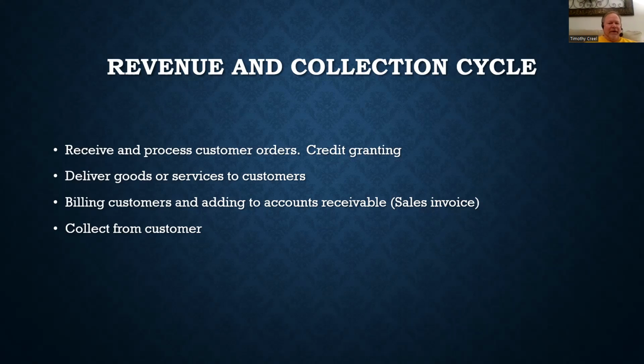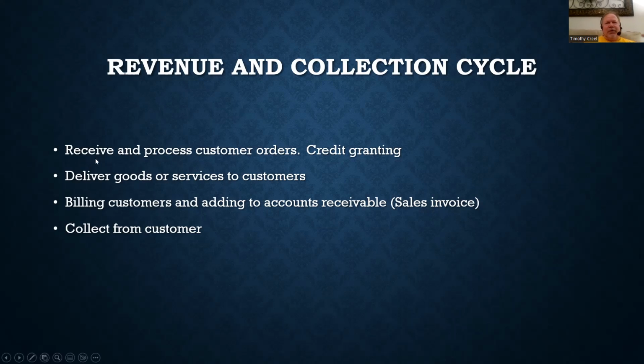So it only makes sense to do it this way, and it just makes the audit process more efficient, proves the efficiency of the audit. So the revenue and the collection cycle is what we're looking at in this chapter. We'll look at expenditures in chapter 8, and then we'll get into two other cycles in chapters 9 and 10. So you're going to see some of this over the next couple of chapters as well.